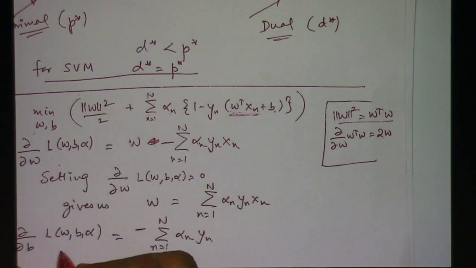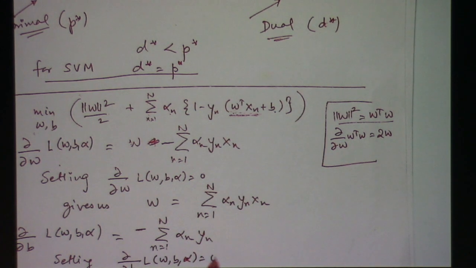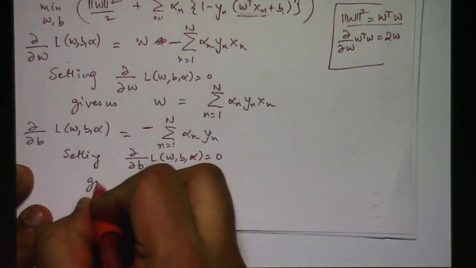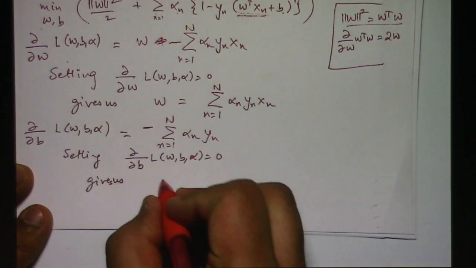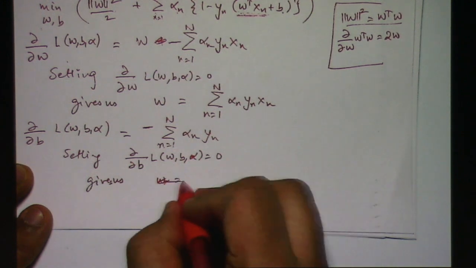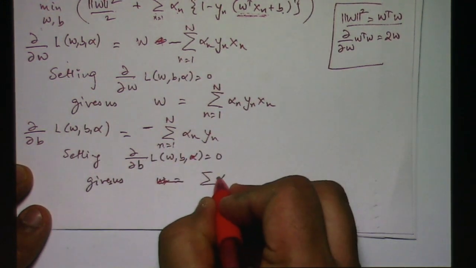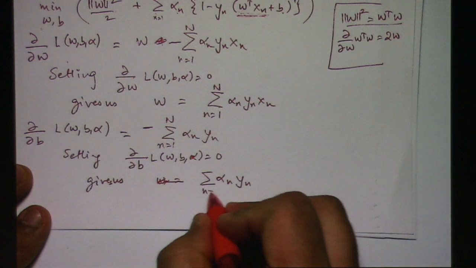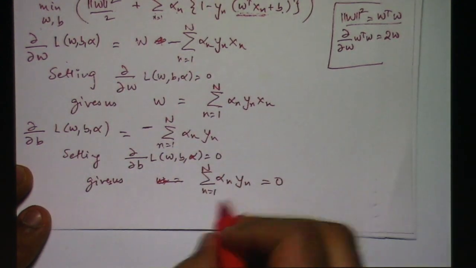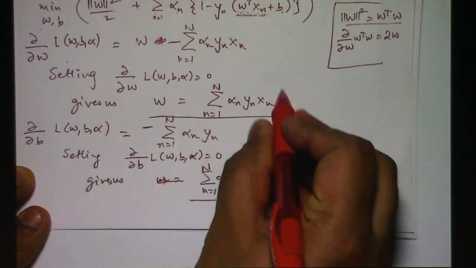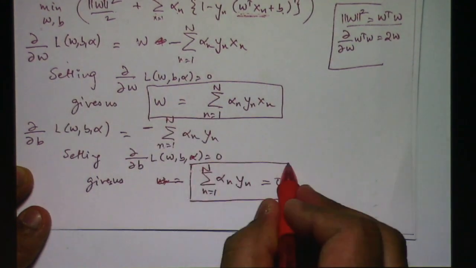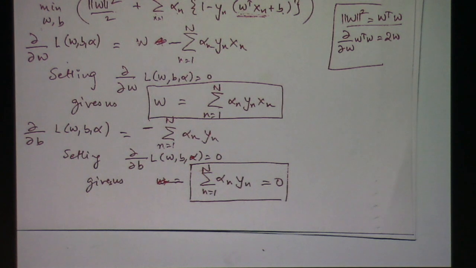When you set this to 0, basically this gives us a condition. It does not give us b, unfortunately. So these are the two things that we get. We still don't have an expression for b, but later we'll see we can compute it in some way. All right, any questions so far?